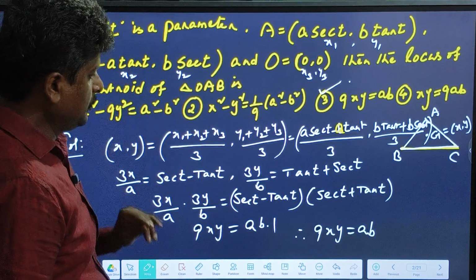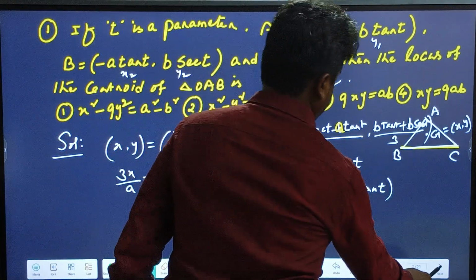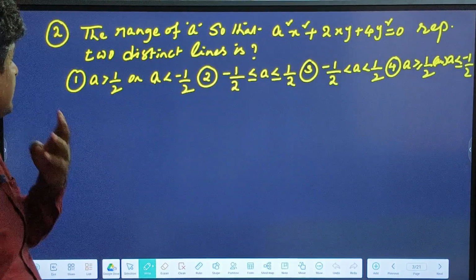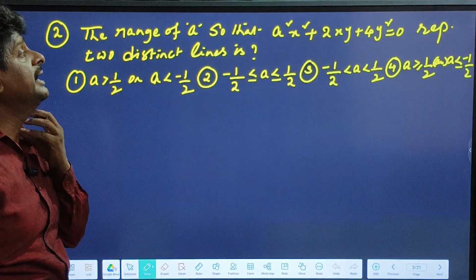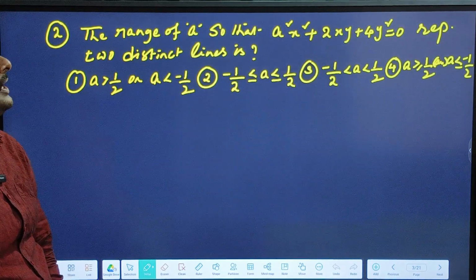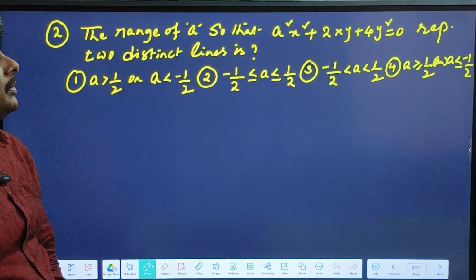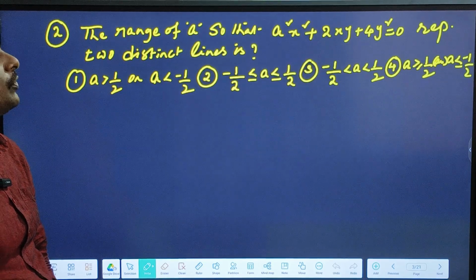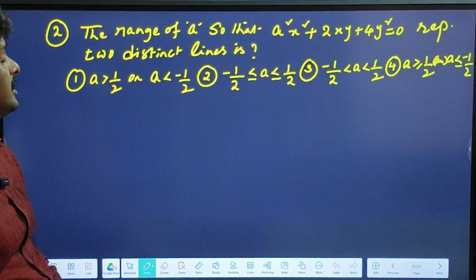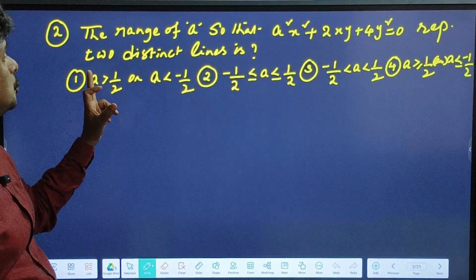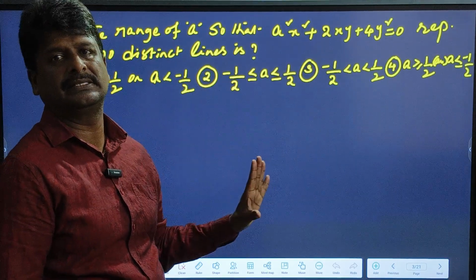Next, let's move on to question number 2. The range of small a so that a square x square plus 2xy plus 4y square is equal to 0 represents two distinct lines is.